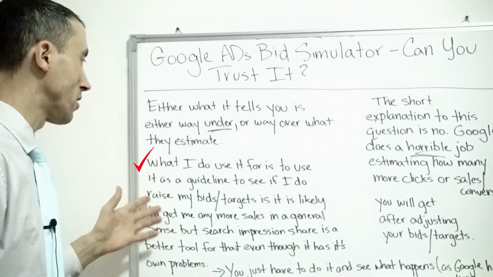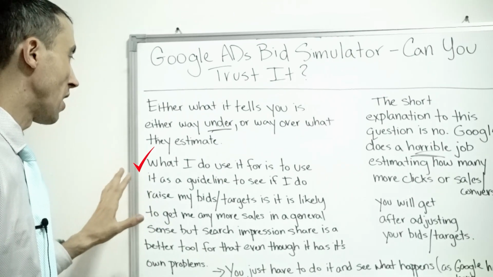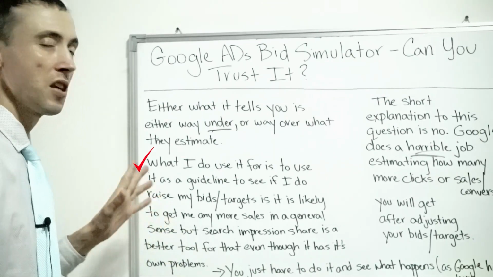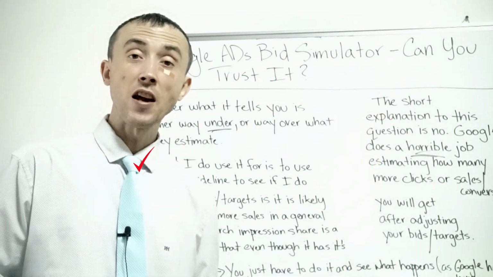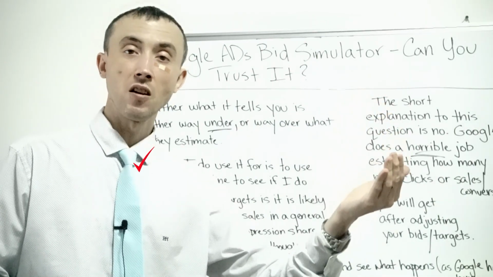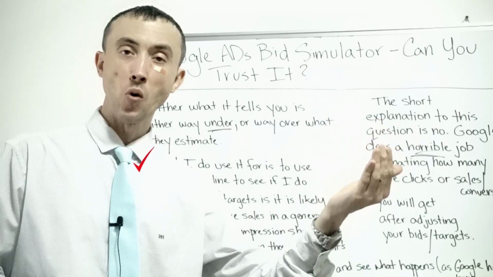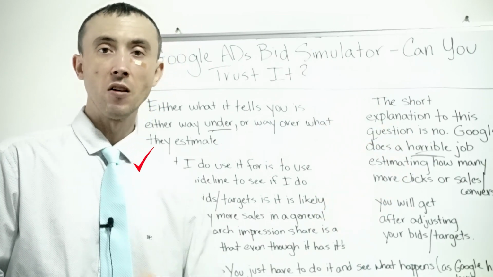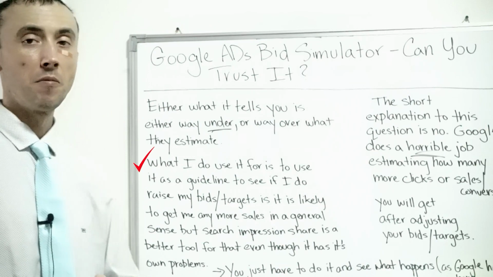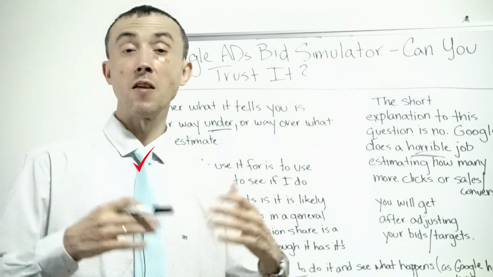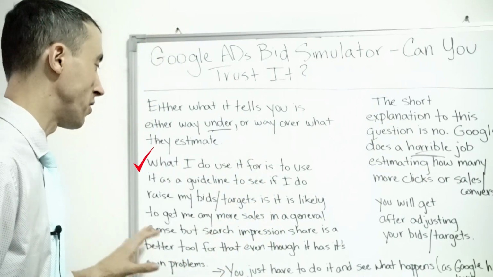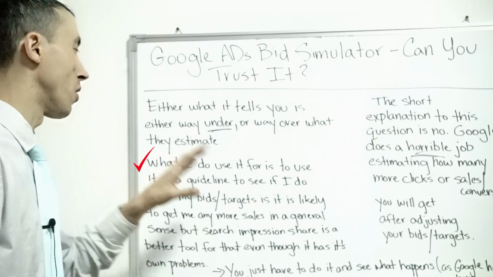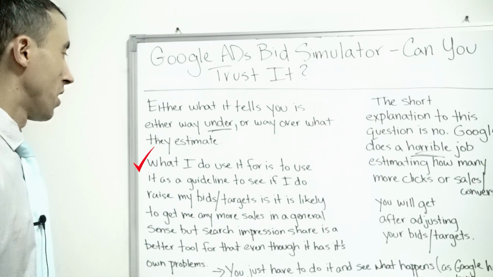So I'll use the search impression share to see what happens if I raise my bids, and whether I'm going to get a respectable amount more leads, and if I reduce my bids, what that might ultimately do.